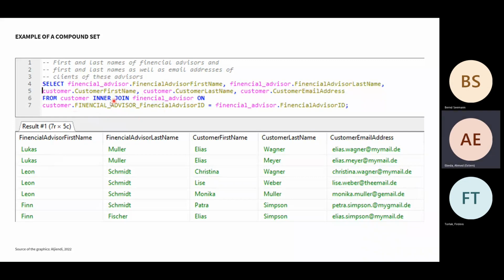The intersection between the customer table, which has a connection with financial advisor, satisfying this condition: the advisor ID and the financial advisor ID.